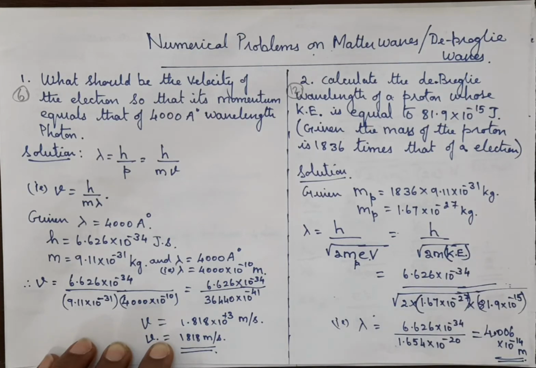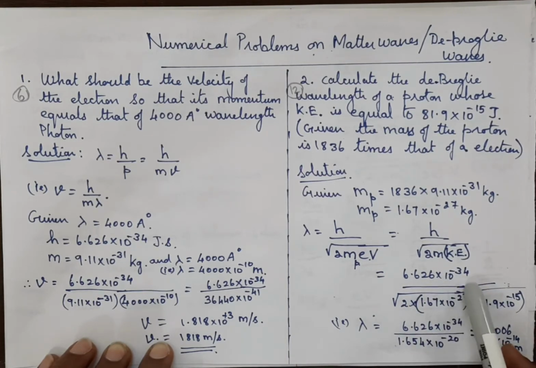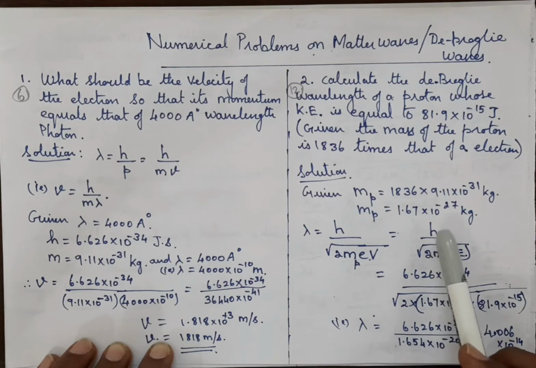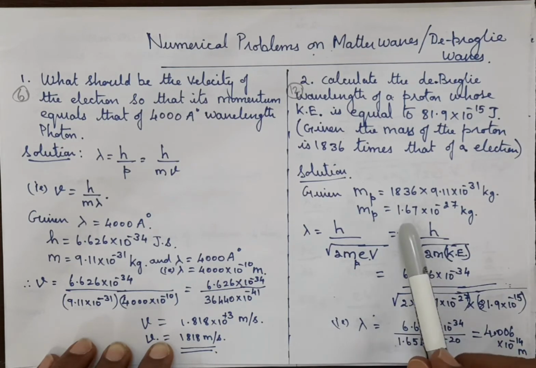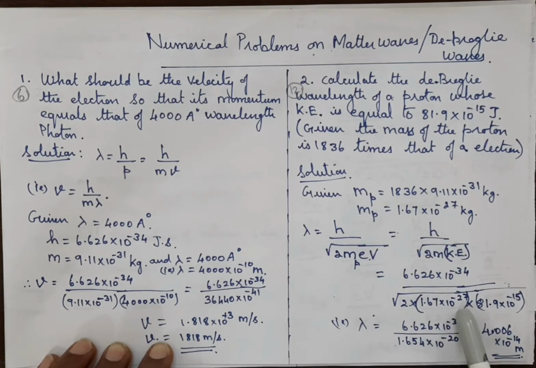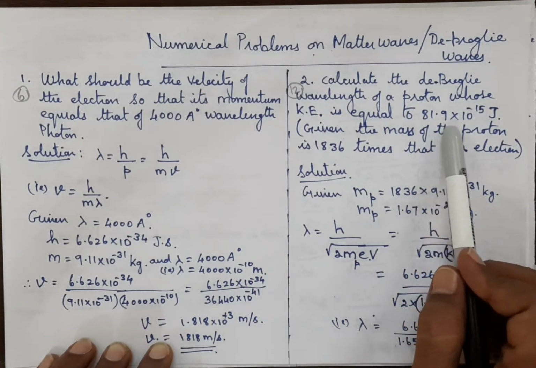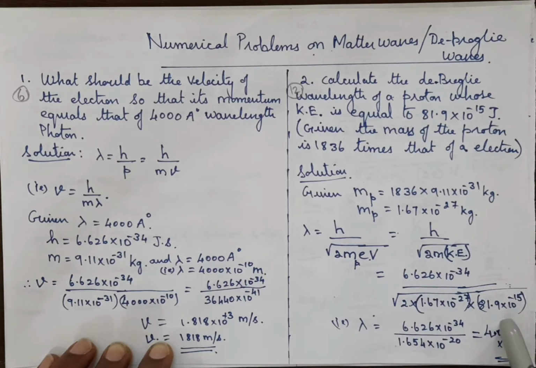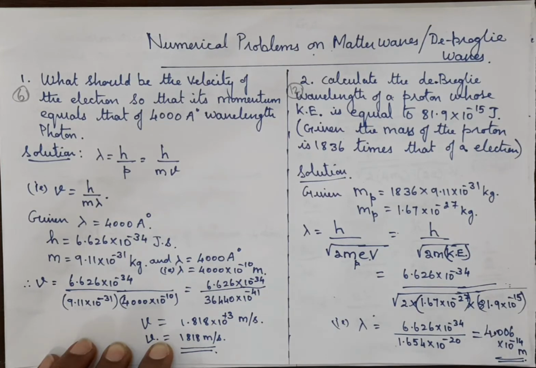So when we substitute, h is 6.626 into 10 power minus 34 joule second, divided by root of 2 into the mass of the proton, 1.67 into 10 power minus 27 kg, into the kinetic energy eV, which is given as 81.9 into 10 power minus 15 joules. It is given in joules, therefore we can directly substitute.